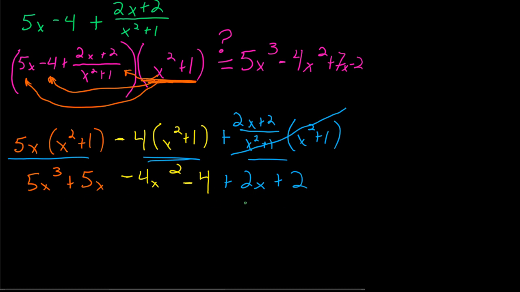And this should start looking like the other parts. And so if I collect like terms, for my cubes, I only have one thing cubed. So I'll put 5x cubed out front. For my squares, I only have one thing squared. For my first power of x's, I have 7 of them.